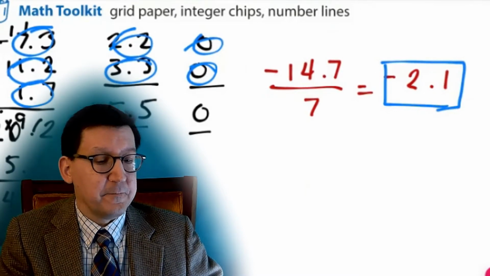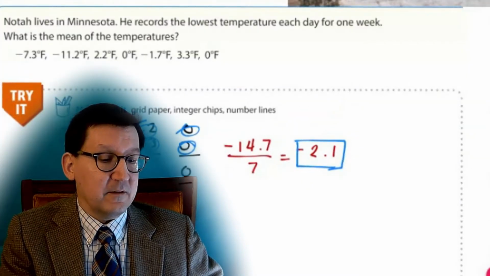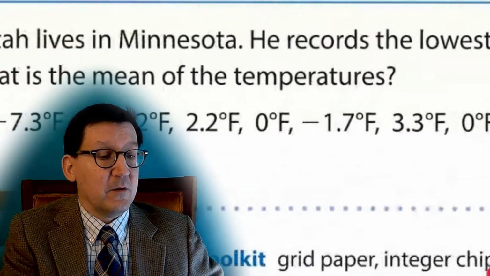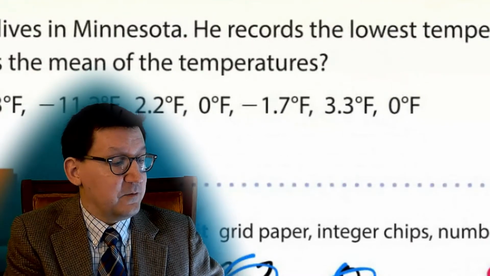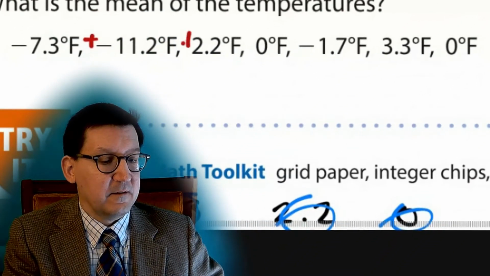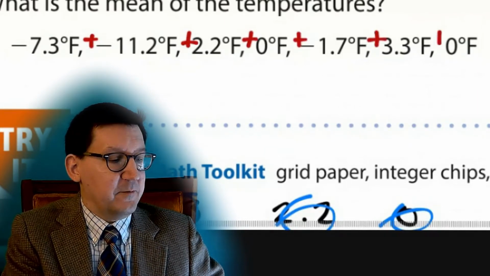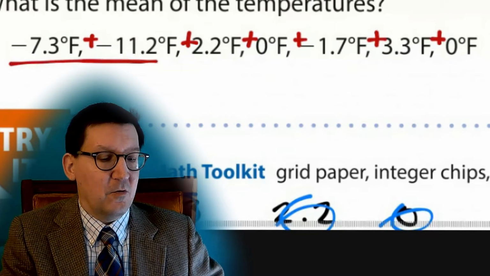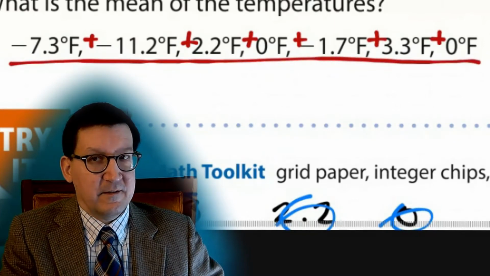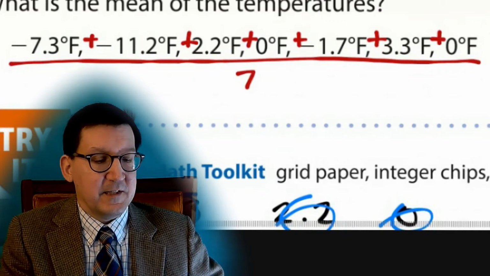We're talking about temperature. So if we go back up here, what we've done is we've just added all of these together, and then we've divided by the total number of terms, one for each day. So that's all those temperatures divided by 7 days.